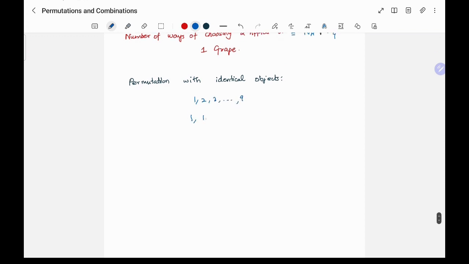If I have say 1, 1, 2, 2 and 3, 3, so they are repeated, right? And then if I have to fill the same boxes, how many ways can we do it? So the n here is 6 and r is 3. So the number of 3 digits formed from 1, 1, 2, 2 and 3, 3, which is 6 possibilities, and filling in the 3, is it equal to 6P3?